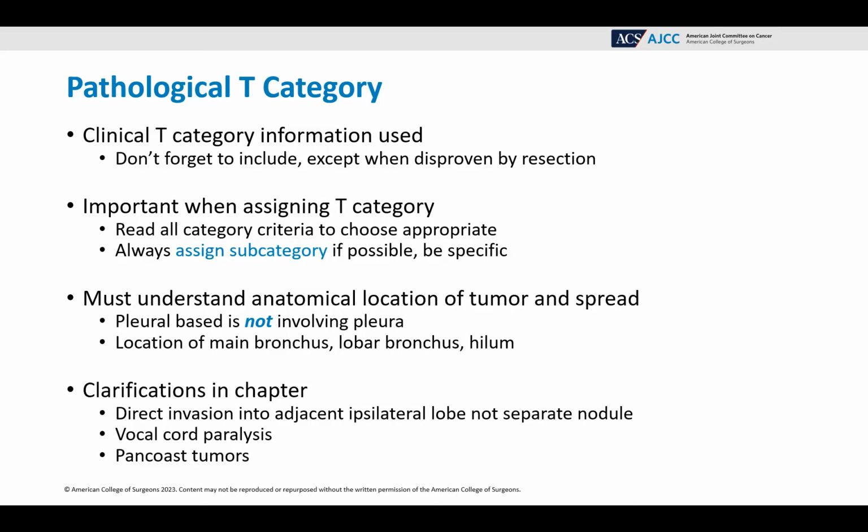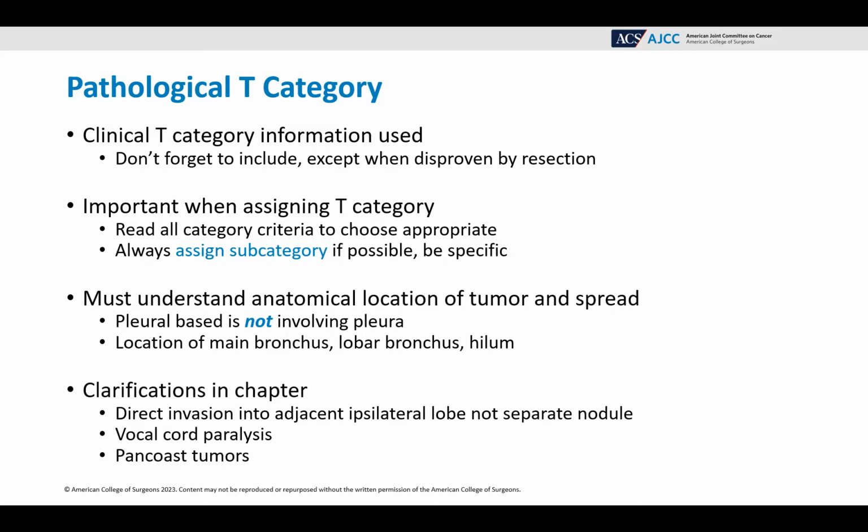Be specific. And as I mentioned earlier, keep reading through them until you hit that point of that's too much, because too often people stop when they find the tumor size, but don't go on to see other structures that have been invaded, which could be in a higher T category.